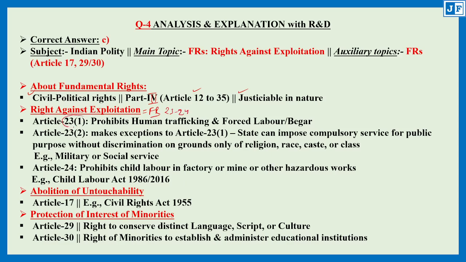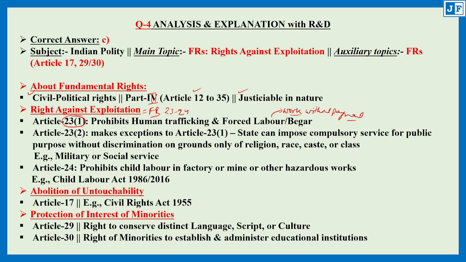Article 23(1) talks about prohibition on human trafficking and forced labor, or begar. What is forced labor? When one is forced to work without payment, against his or her will.